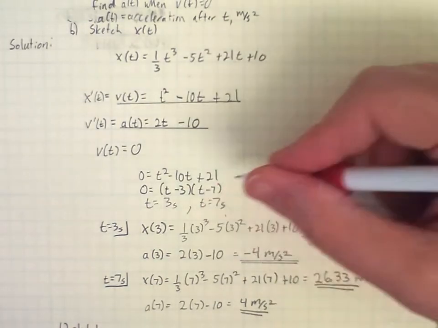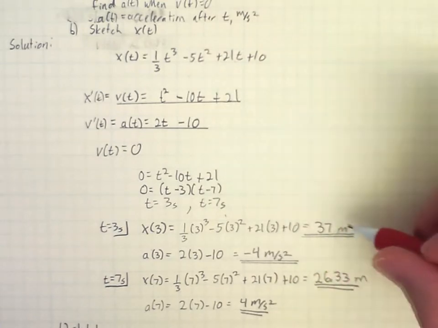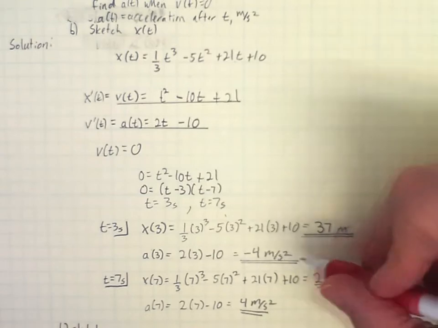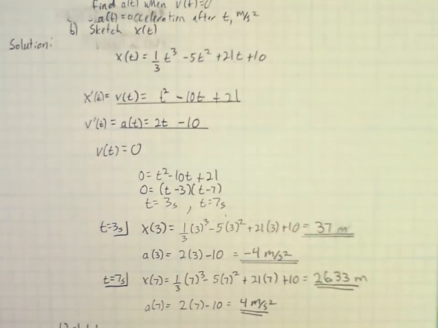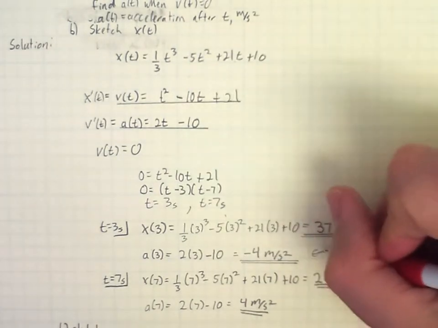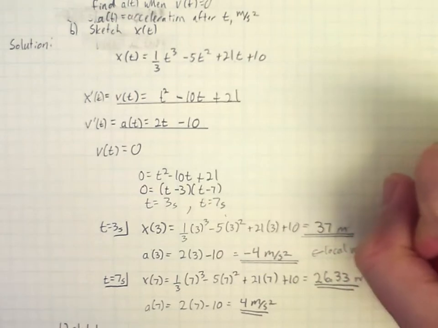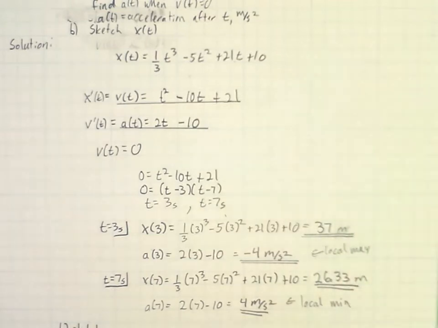Where these equal 0, we're going to have one of the two, and the way we can tell which one is if the acceleration is negative, that's going to be a local maximum, and this one is going to be a local minimum. We don't know if it's the absolute or not. We just have to sketch things and see how that goes, or we'd have to determine all the values that could happen in there.